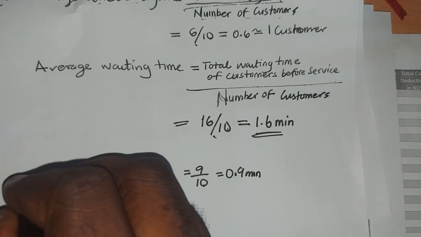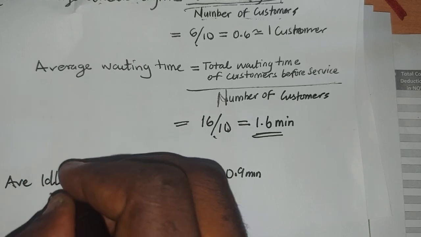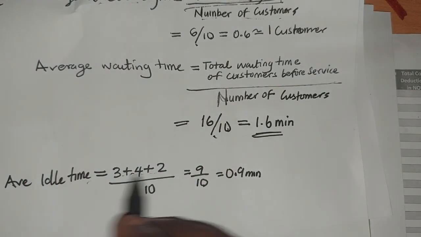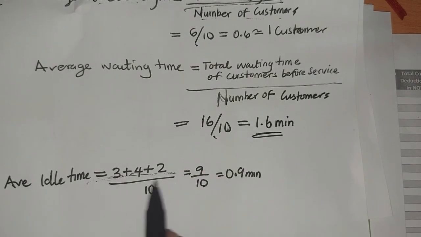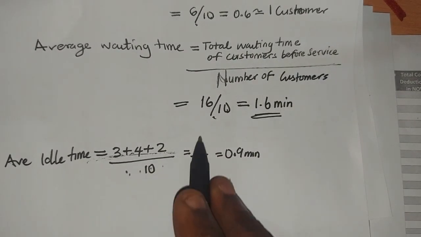That is the average idle time. It is the time the attendant is waiting before the service. Add together, divide by 10.